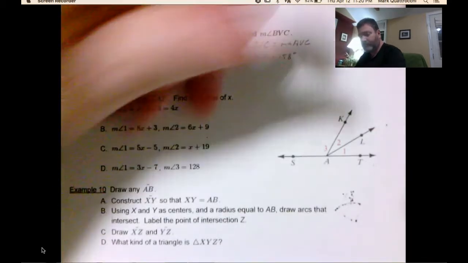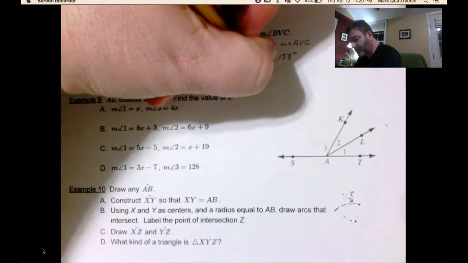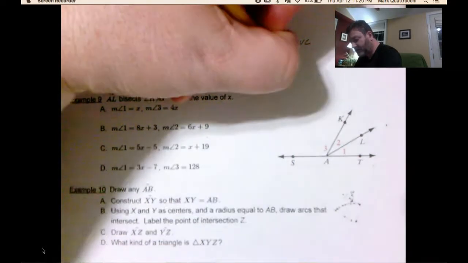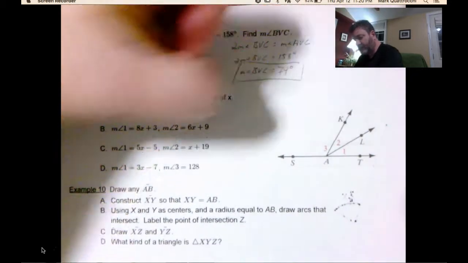Divide by 2. Measure of angle BVC equals 79 degrees.